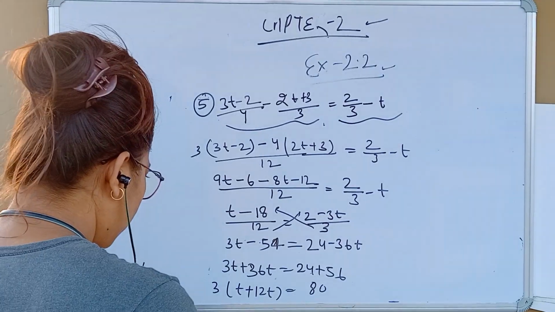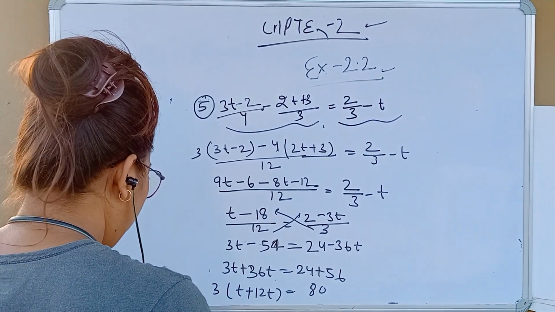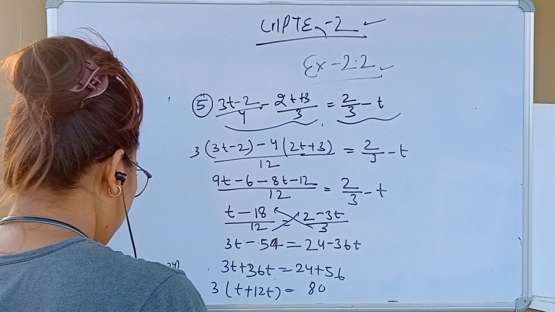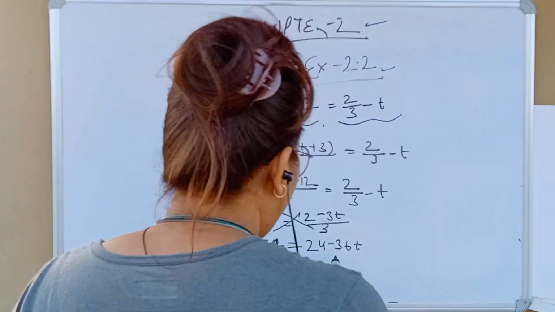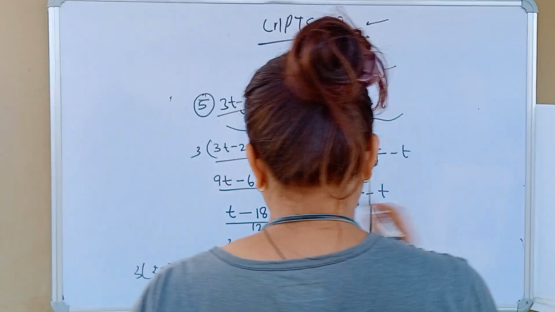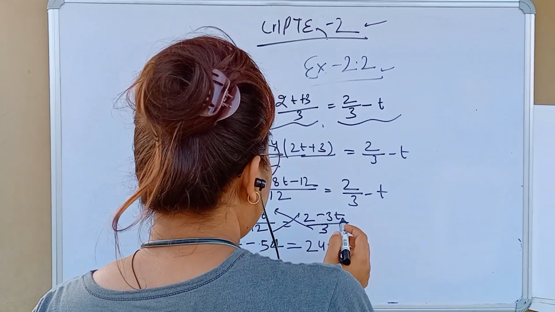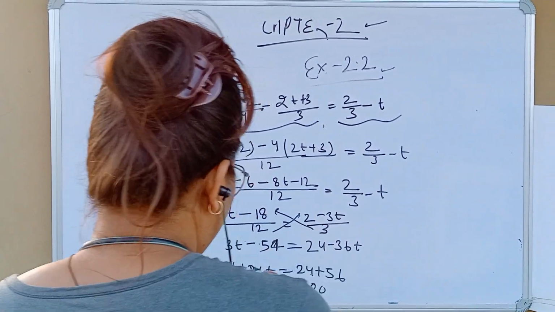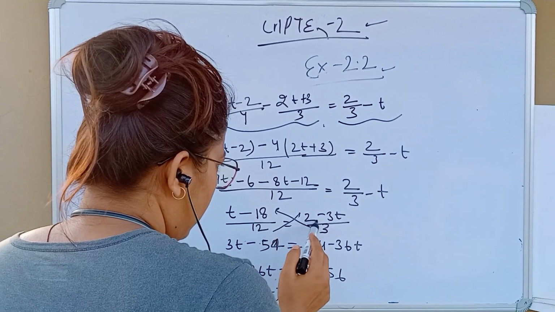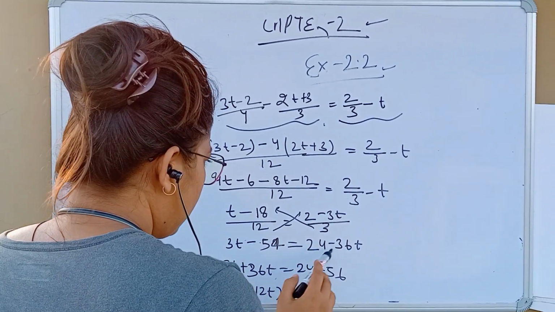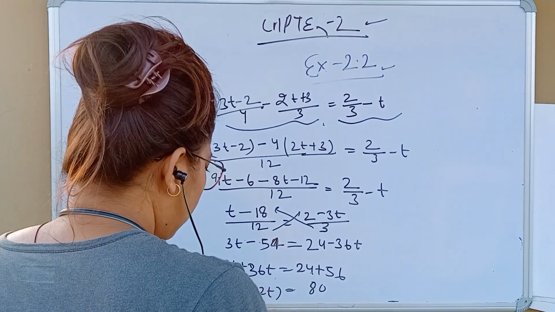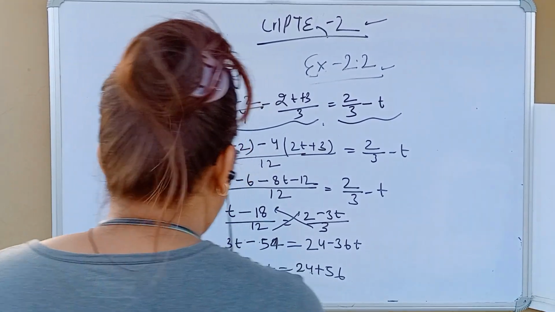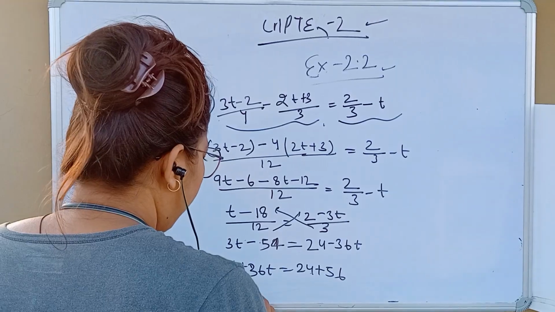I think there is a mistake here, just wait. 3t plus 36t is 39t.